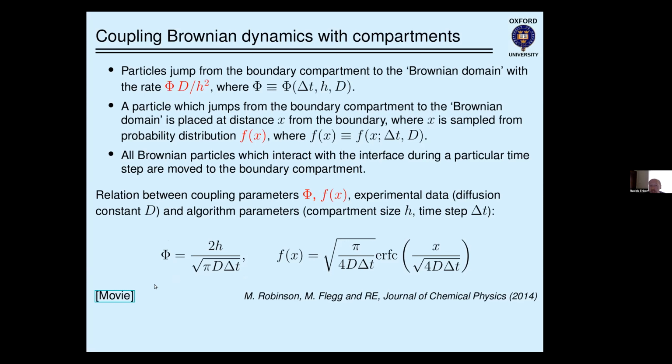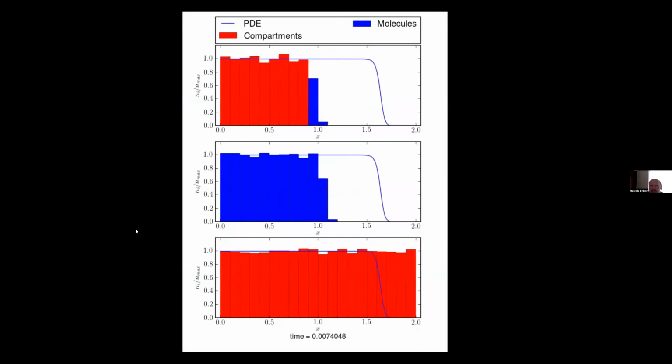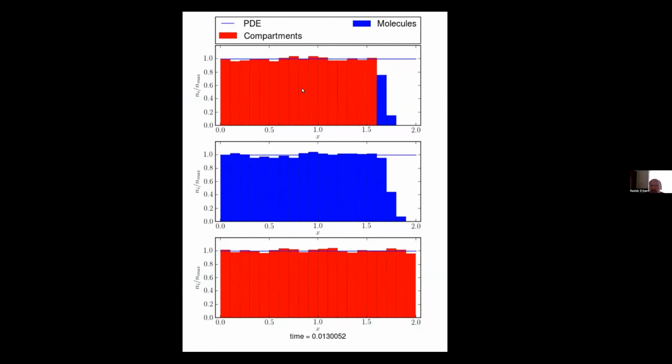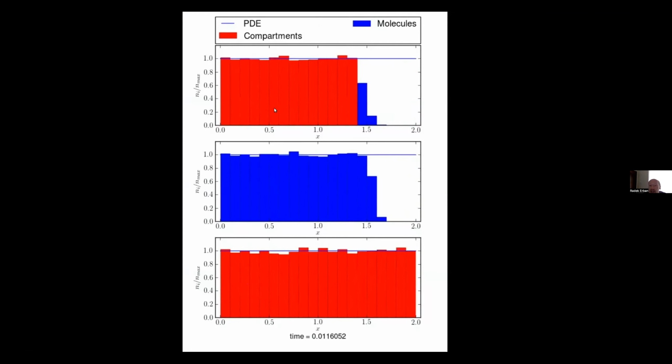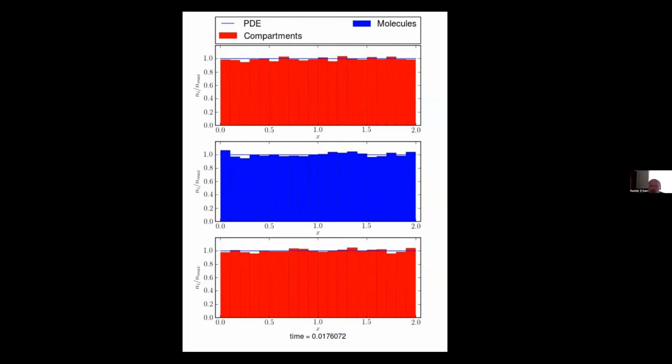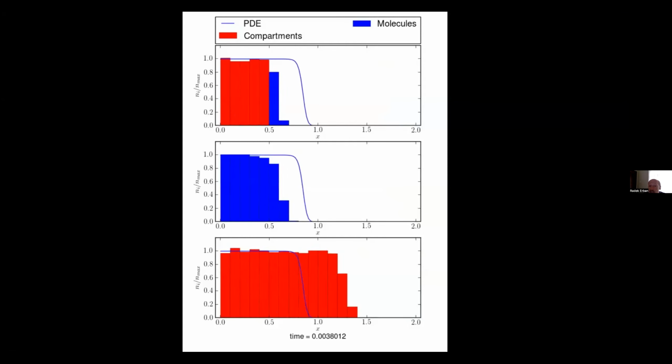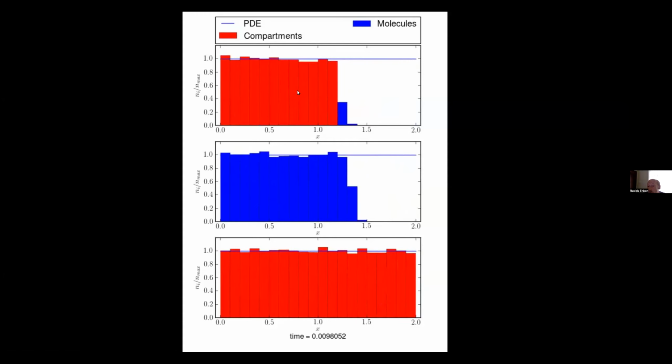So I'll just show you a movie of how it works when I implement these parameters, which highlights all the points here. In this movie I'm showing the results of 4 different simulations. This is a reaction diffusion system, a traveling wave.